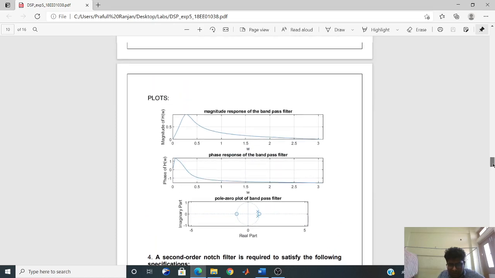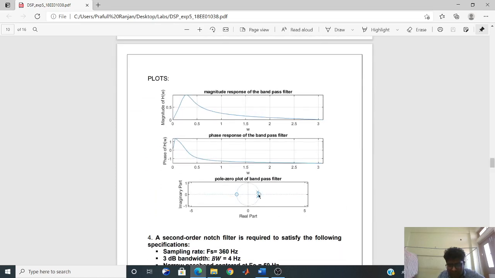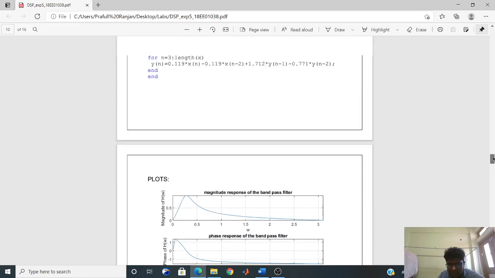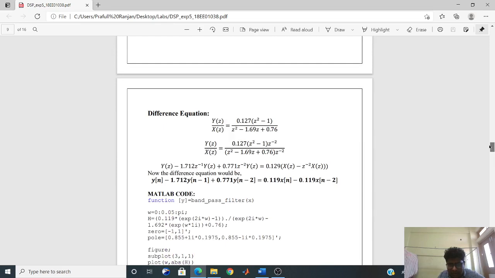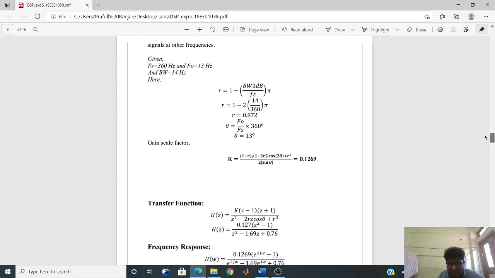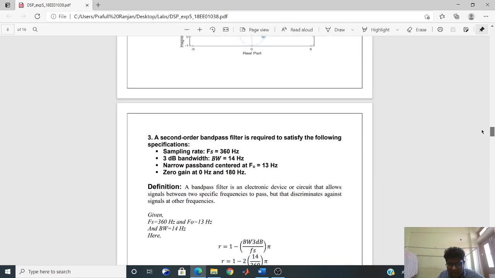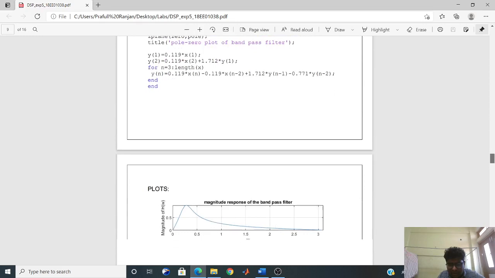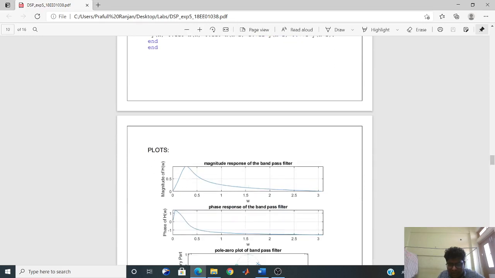We can see that one pole and zero are close to each other, and we can see that from the equations. The bandwidth is very low, 3 dB at 14 hertz, so it will be only for 14 hertz.